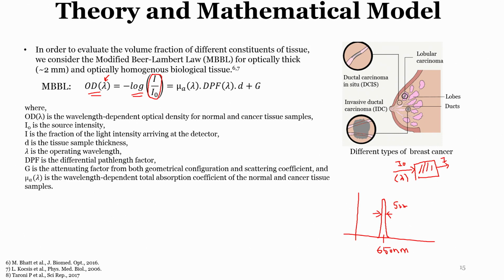But in the case of LEDs, and that's what our lab is working on, using very cheap LEDs, you have a very high bandwidth. Again, we are still working with 650 nanometers, for example, but it has a large bandwidth, which is around 40 nanometers.